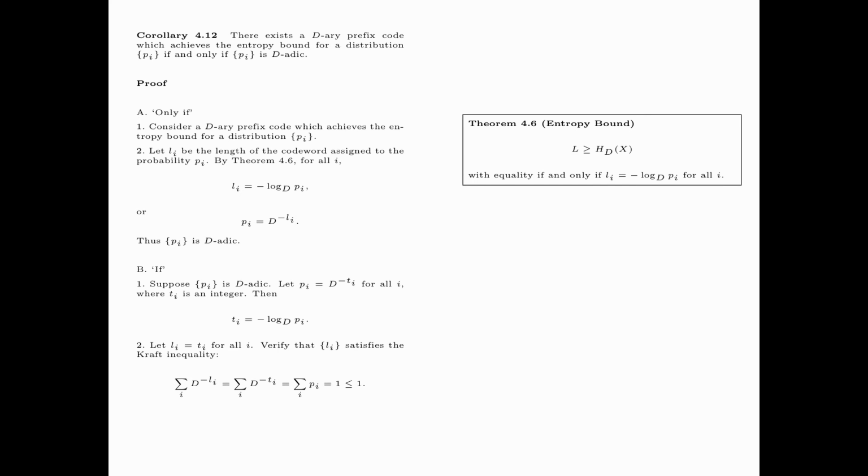Consider the summation over i of d to the power minus Li, which equals the summation over i of d to the power minus t_i, because Li is equal to t_i. Now d to the power minus t_i is equal to p_i. The summation over i of p_i is simply equal to 1, and it is less than or equal to 1. Therefore, the Kraft inequality is satisfied.